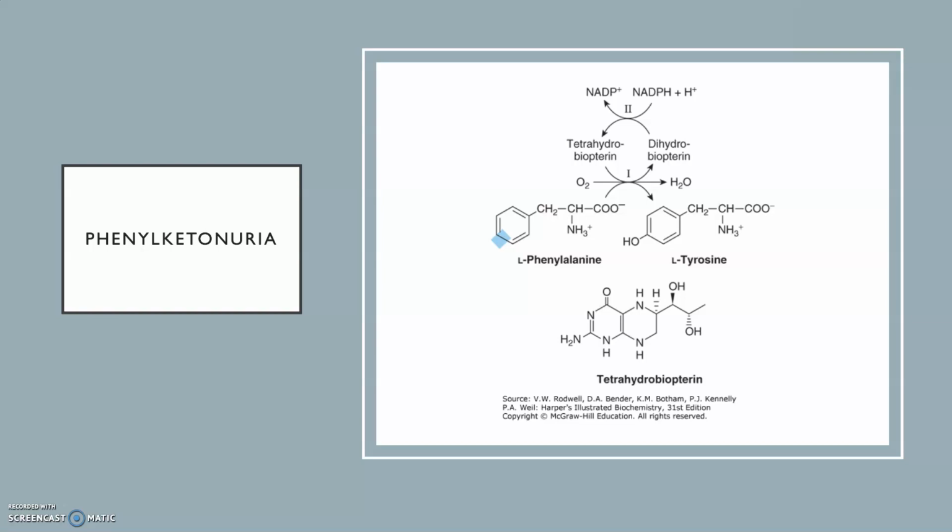Vitamin B6 or pyridoxal phosphate supplement, which is a cofactor for transamination of phenylalanine, can help by shuttling phenylalanine to produce phenylpyruvate and therefore preventing accumulation of phenylalanine.